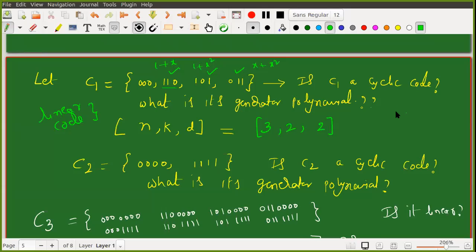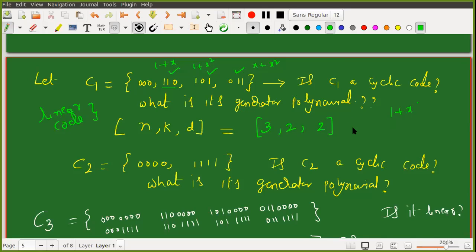In one of my questions, you can see in the cyclic code notes, if 1 plus x divides the generator polynomial, or is itself the generator polynomial, then it is automatically self-orthogonal. Why? That you can check.